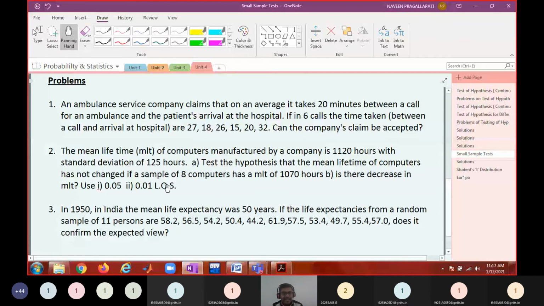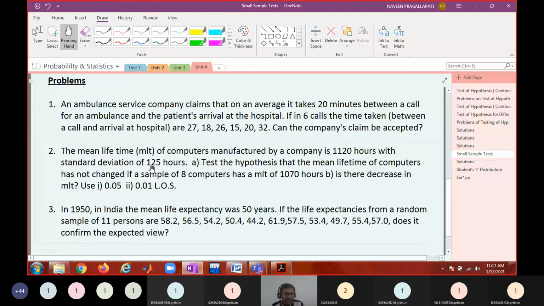The sample mean of 1070 is showing a decrease in mean lifetime from 1120, which we have to test, so obviously we apply a left-tailed test. For this problem you are asked to solve for different levels of significance: one two-tailed test with two levels of significance and one one-tailed test with two levels of significance.